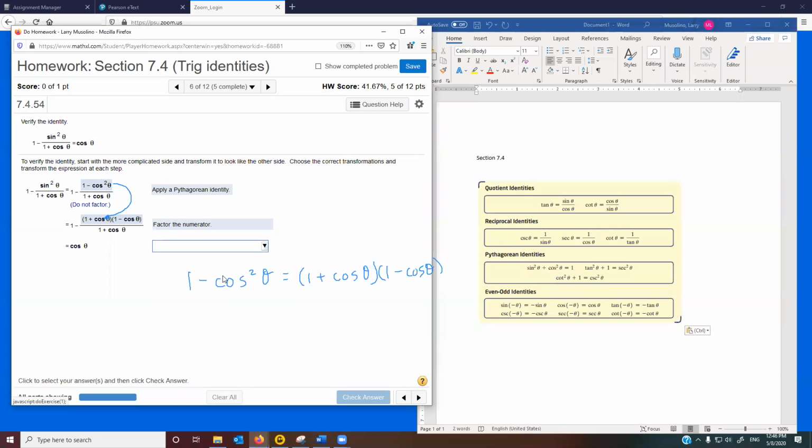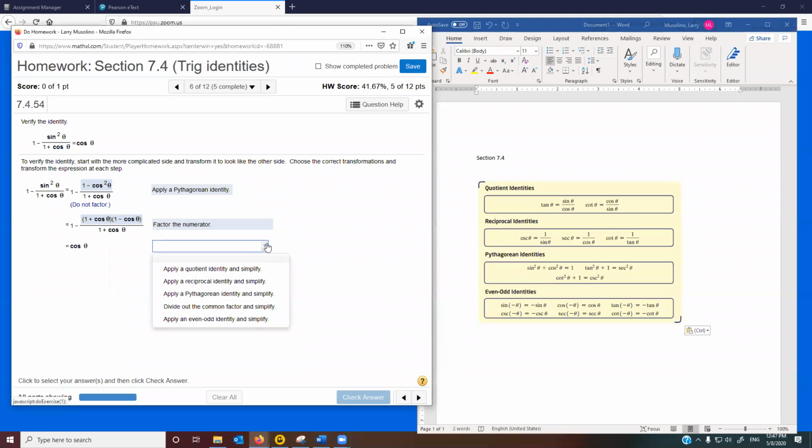All right, there's one last step. They're asking us to now show that this expression really simplifies to just plain old cosine theta. Let me click on this drop-down menu to see what my choices are. And I'm looking at my choices here.